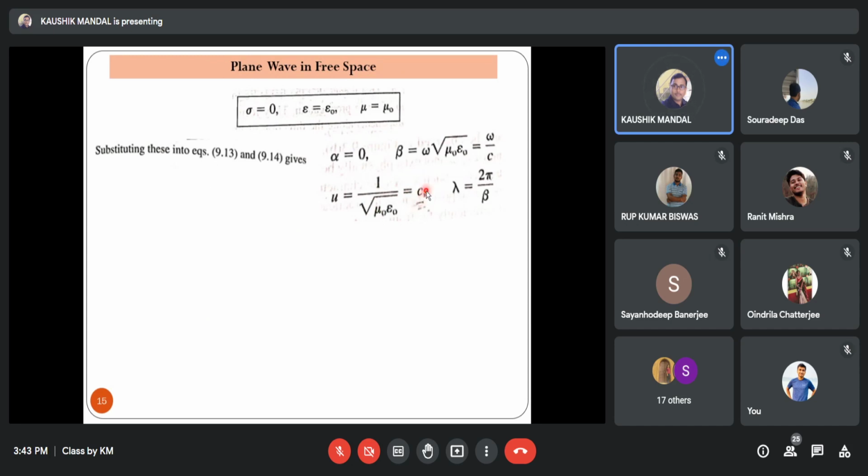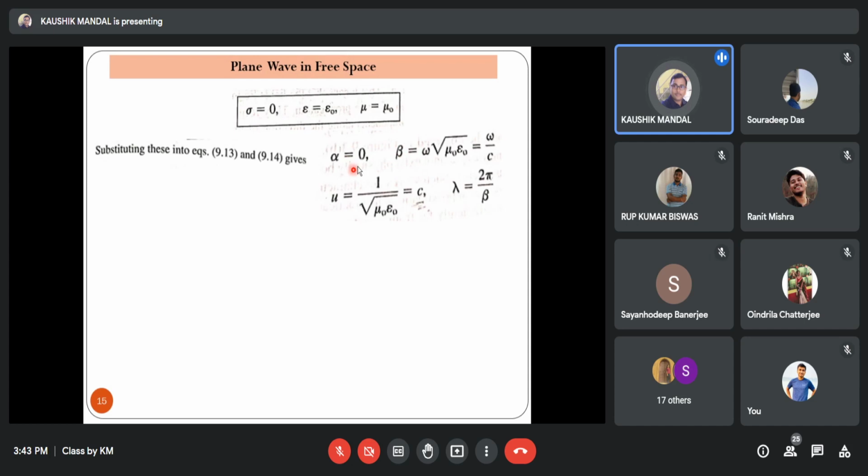That's why, if I ask you to prove that the electromagnetic wave propagates with the velocity of light in free space, then what do you have to show? You have to first consider that for free space, sigma equals 0, epsilon equals epsilon naught, mu equals mu naught. Then you consider the equations of alpha and beta.